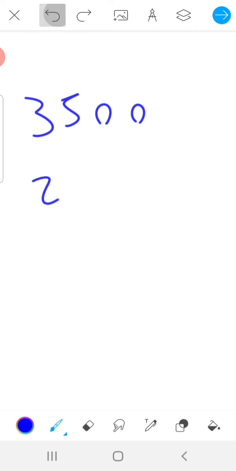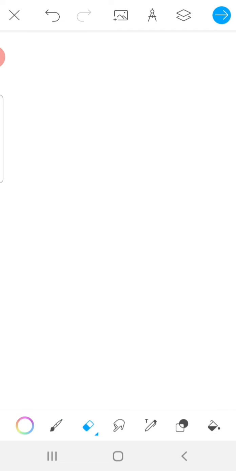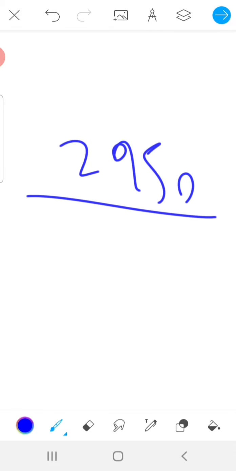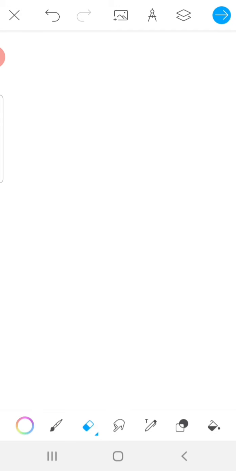Well, you basically divide the smaller number on top, because the bottom is always the whole, meaning the beginning price. So 2,950 divided by 3,500, put that into your calculator, and that will come out in decimal form, times 100, and it's in percentage form. That's probably a decent question to know. You probably need to know that question.